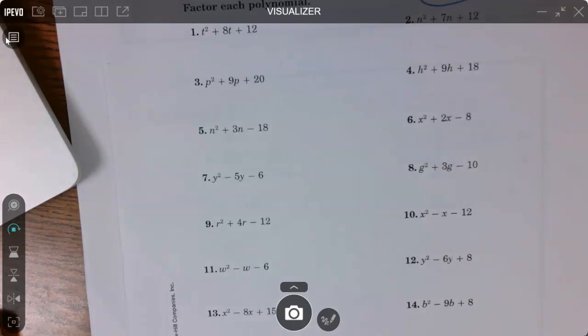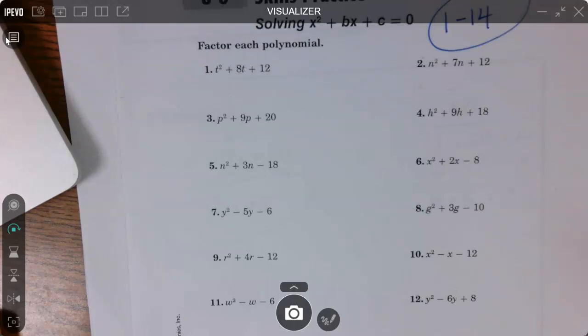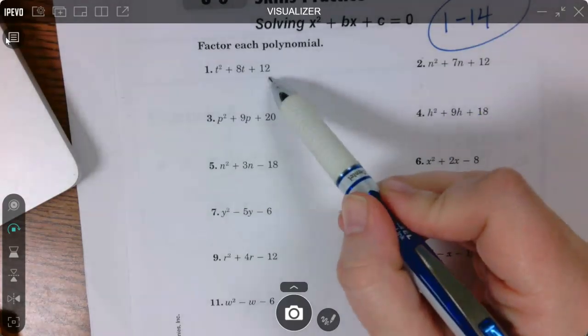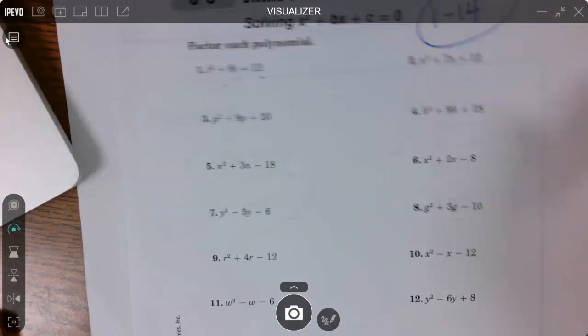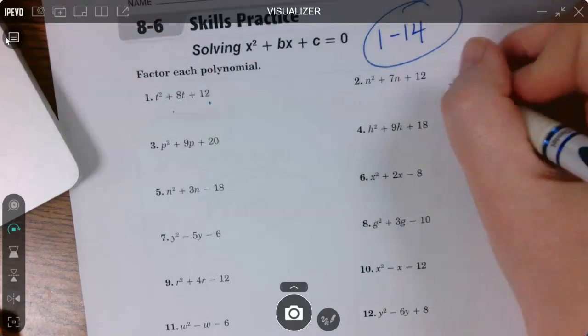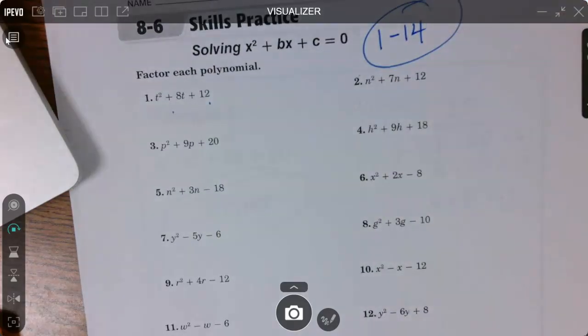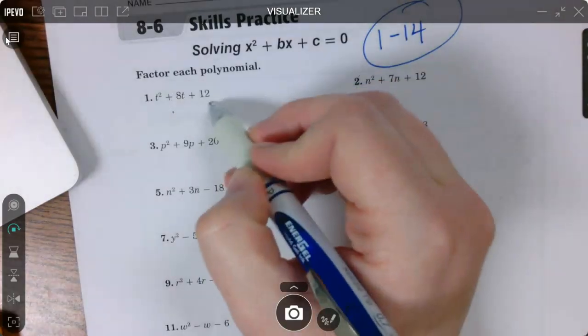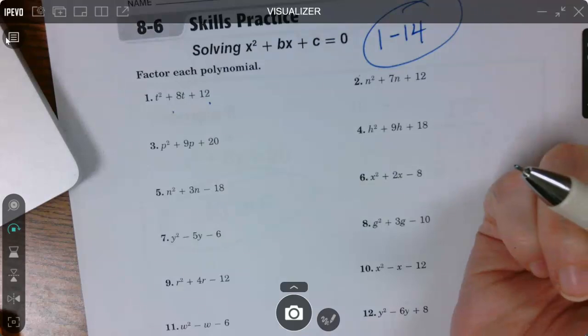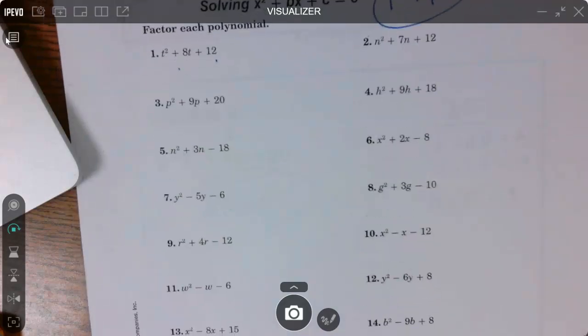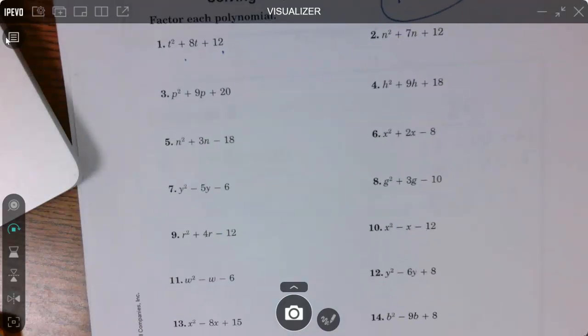Just like the examples we did, you want to come up with factors for your C that add to give you B. Okay, so you need to come up with factors of C that add to B. That's basically the gist of what you are doing when you factor trinomials, okay?